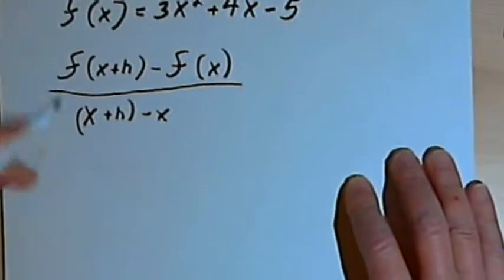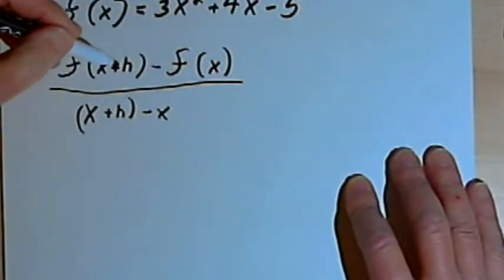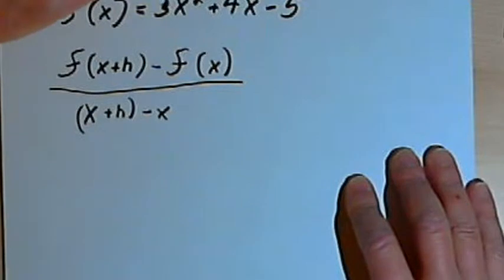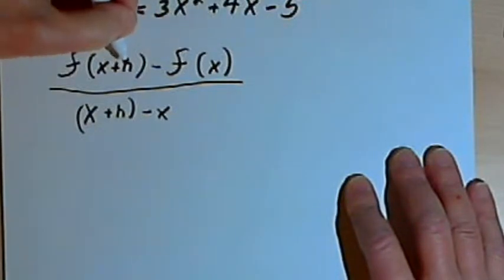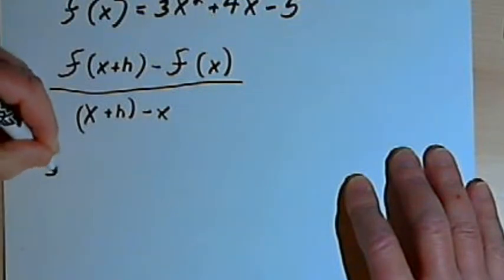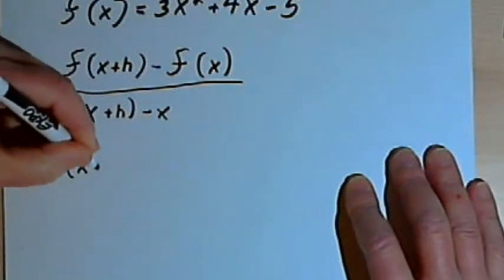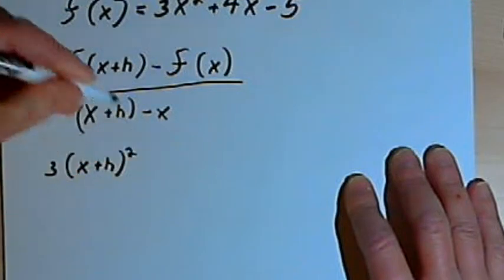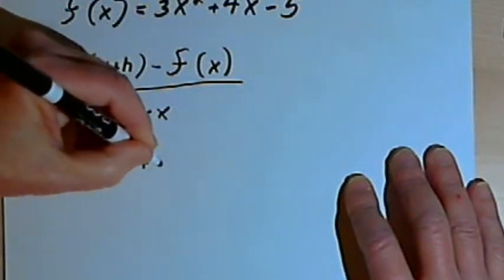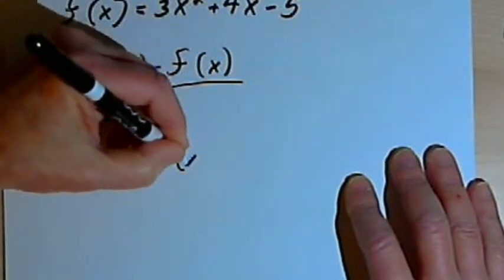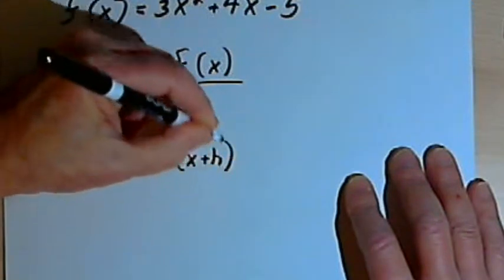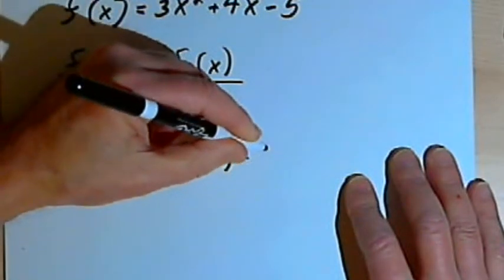Okay, so for f of x plus h, we're going to take that function and put x plus h in wherever we have an x. So we're going to have 3 times x plus h squared plus 4 times x plus h minus 5.